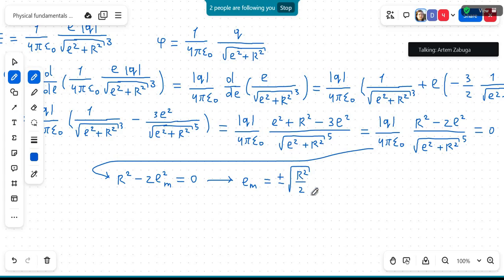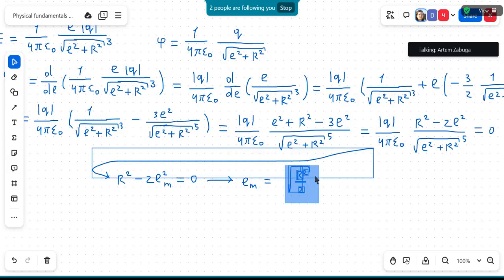We have two roots for this equation, but as you can remember, L is distance, and distance is a non-negative value, so we have to leave just the positive root.